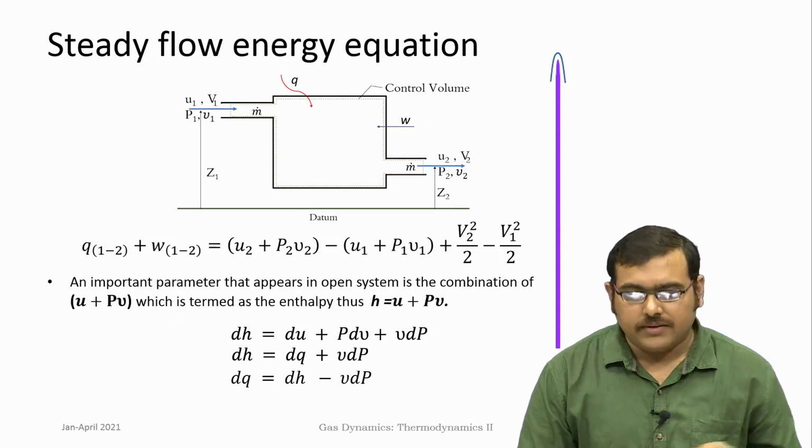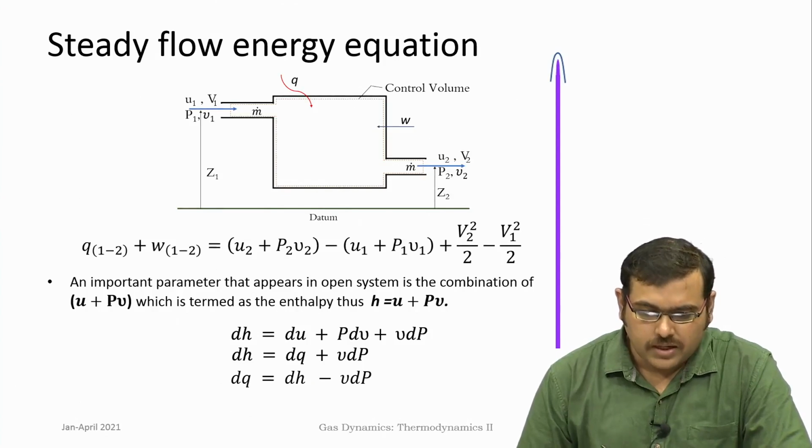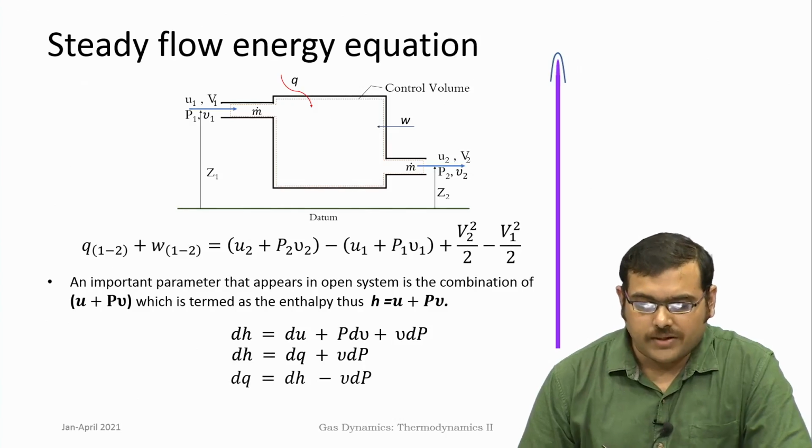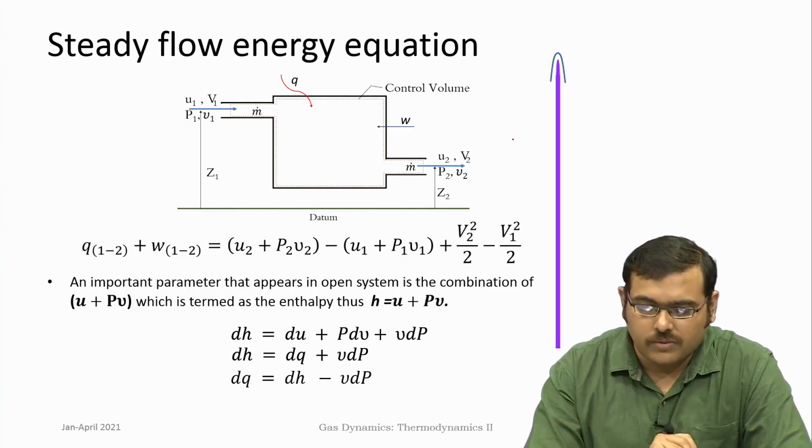But when we consider open systems, when there is exchange of mass happening, then the corresponding equation to be considered is the flow energy equation, when you have flows coming into a control volume and going out of a control volume.